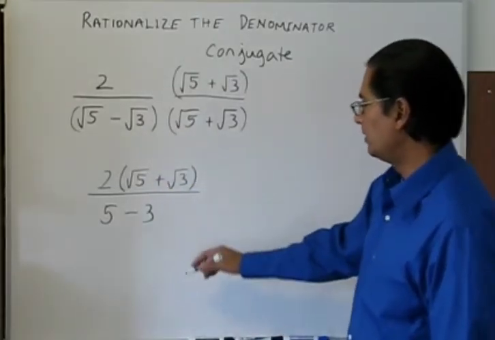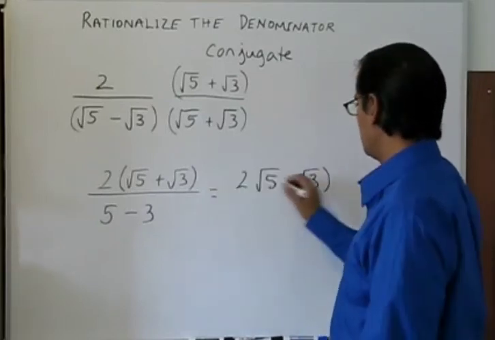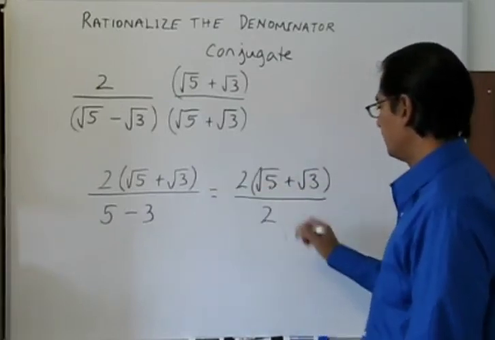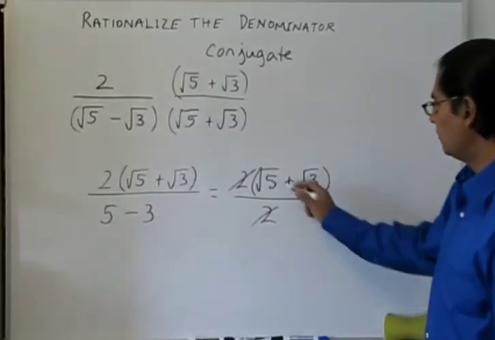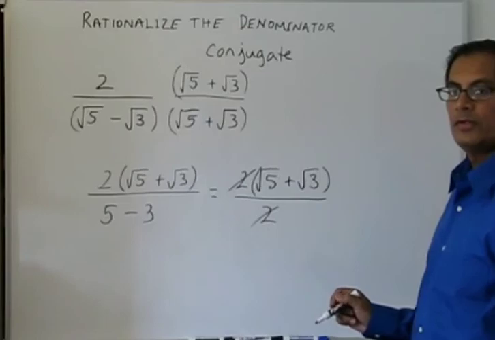We see that 5 minus 3 is 2 on the bottom, and these 2's cancel to leave us with root 5 plus root 3.